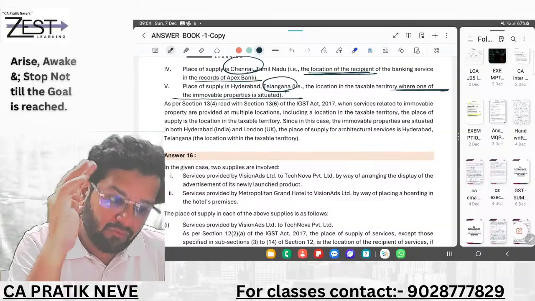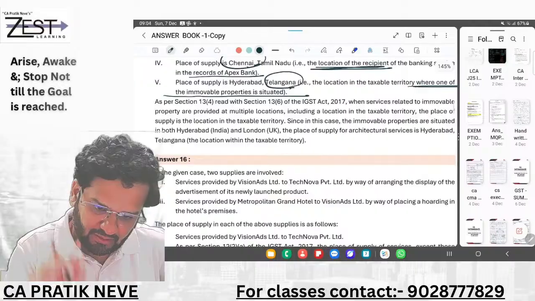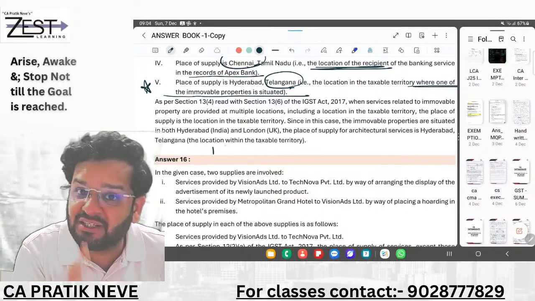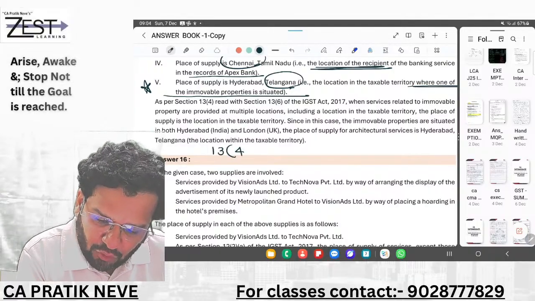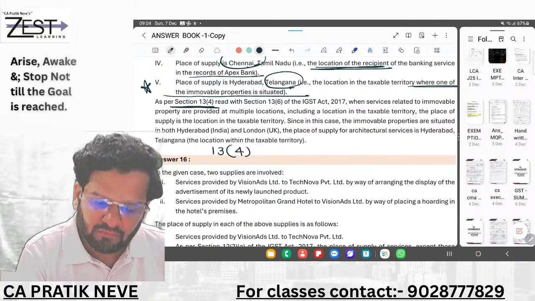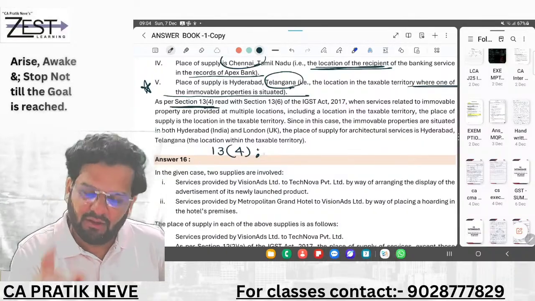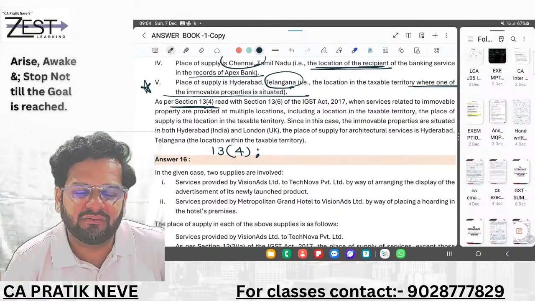Now, one point we forgot to apply in case of that immovable properties. Very amazing point. Listen to this properly. We applied 13.4 for services in relation to immovable properties.